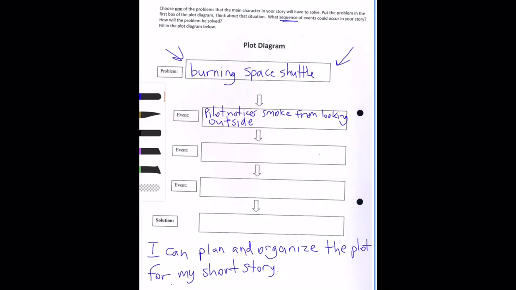And I'm going to expand on that a little bit, and I'm going to say tells co-pilot of the space shuttle. Okay, so that's our first event. So the pilot notices smoke from looking outside, and he tells the co-pilot.